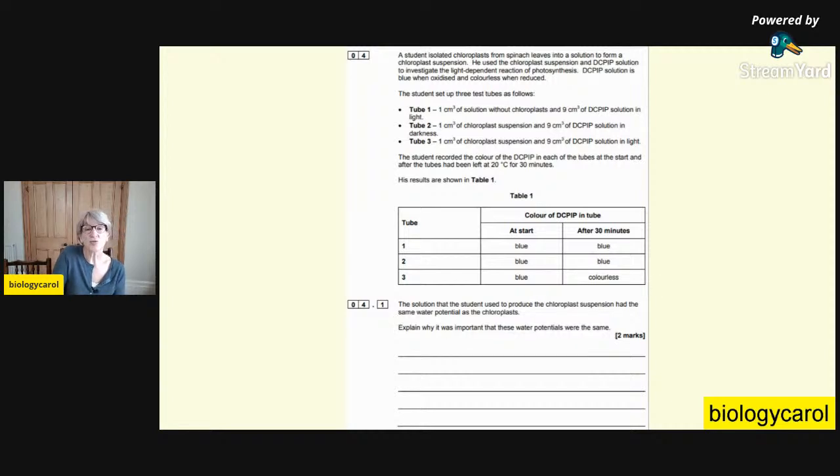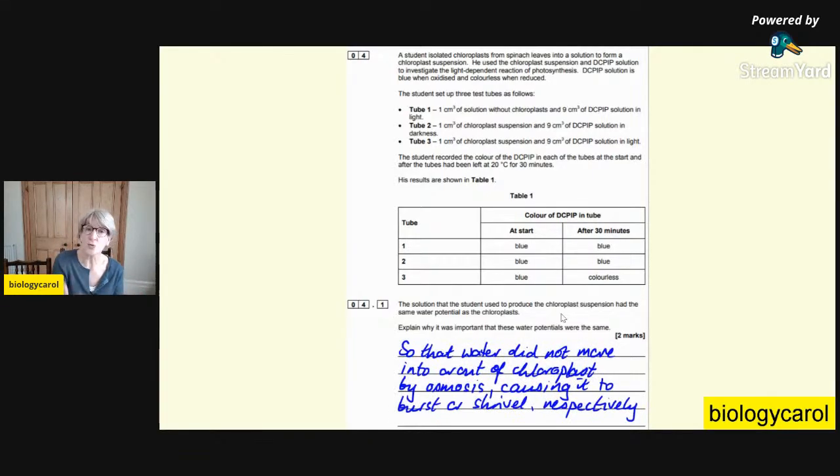The solution that the student used to produce the chloroplast suspension had the same water potential as the chloroplasts. Why is it important? 2 marks. I can almost guarantee that one of the marks will be because you have to say the word osmosis, okay? And I'm pretty sure of the second mark. So the water potentials have to be the same so that water neither enters nor leaves as a result of osmosis.